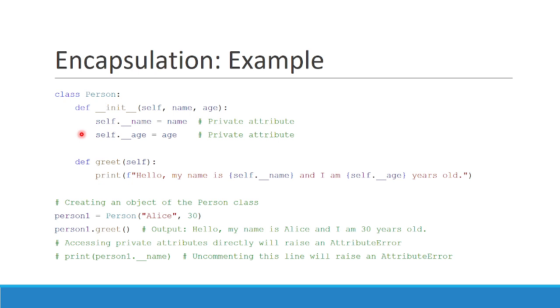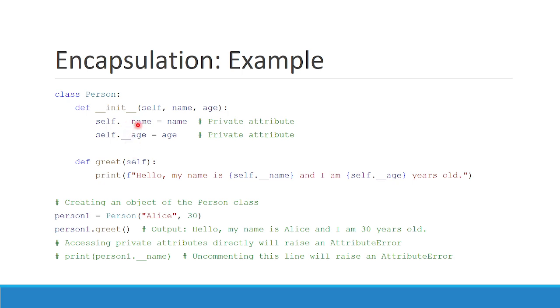So now you can see the same class, Person, with the same two methods, init and greet. Init is like a constructor, and we have given the same arguments: self, name and age. In the previous example we directly assigned the value. Now, in front of name we are giving two underscores.